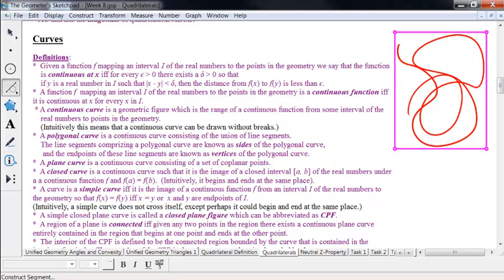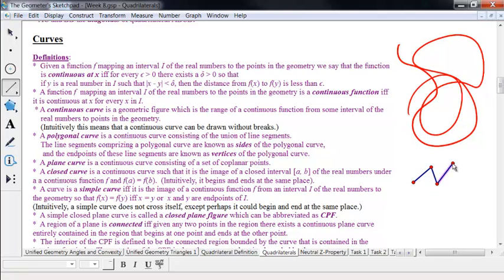A polygonal curve is a continuous curve that is made up strictly of line segments. Now, these curves could be in multiple dimensions, like in 3 dimensions. But if we restrict it to a plane, then we have a plane curve. So a plane curve is a continuous curve consisting of a set of coplanar points. So what I have drawn here are plane curves.